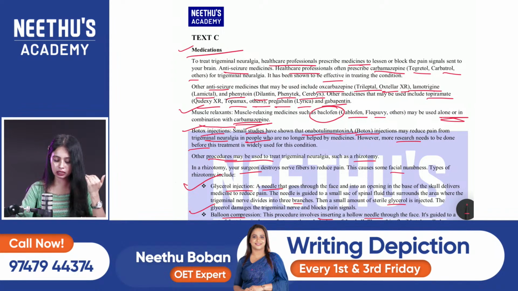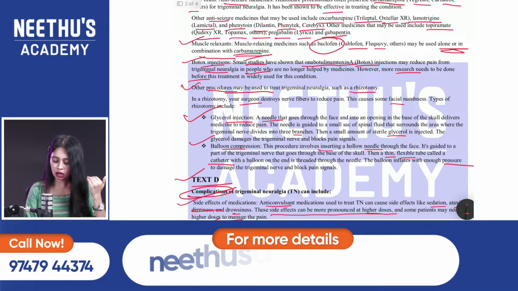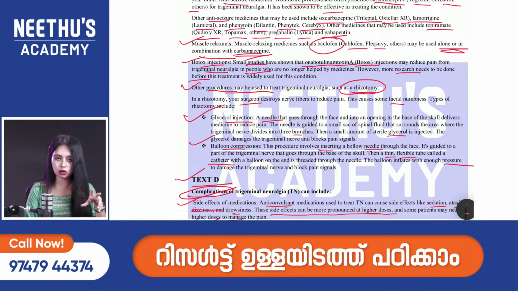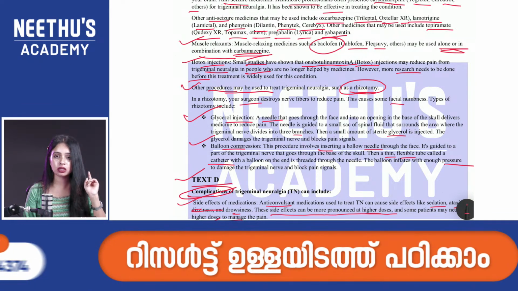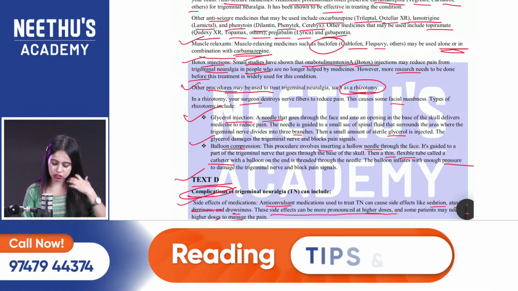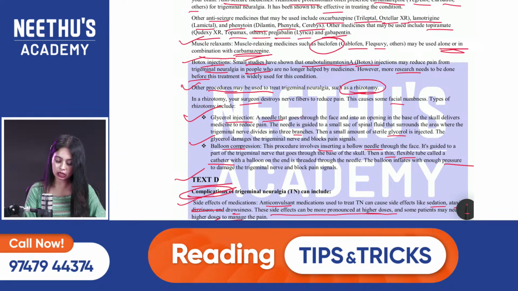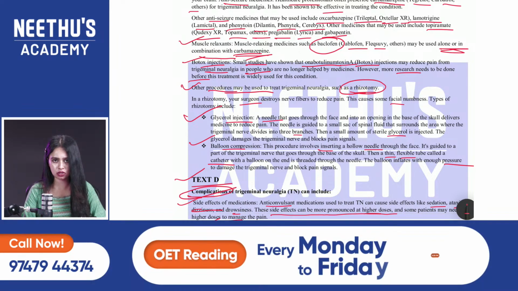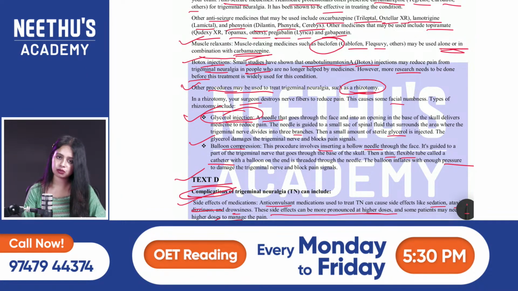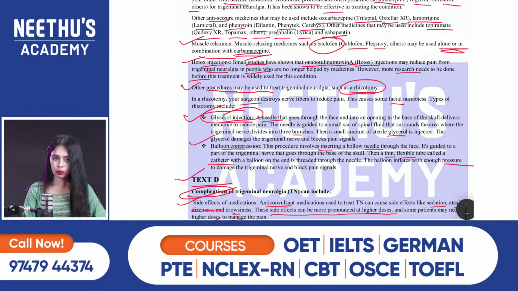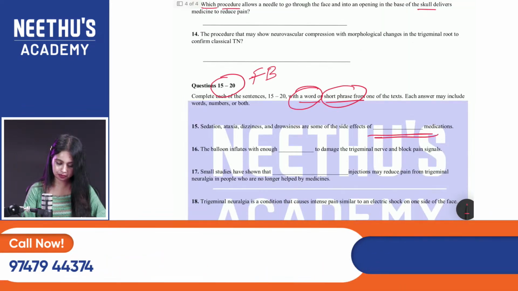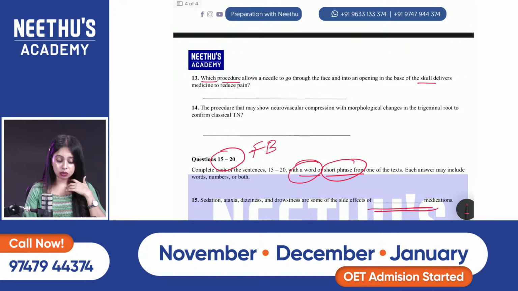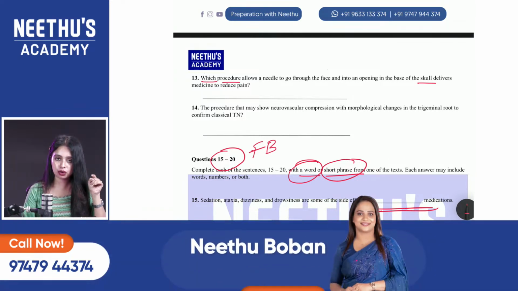Other procedures mentioned here are related to rhizotomy, but it includes glycerol injection as well as balloon compression. The answer is glycerol injection, mentioned in text C: a needle that goes through the face and into an opening in the base of the skull delivers medicine to reduce pain. Yes, Sansi, Dilu, Alina. No, it's not balloon compression, Monita. It is glycerol injection.